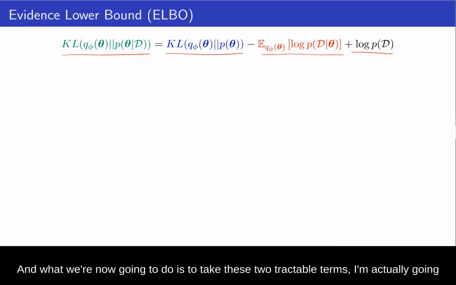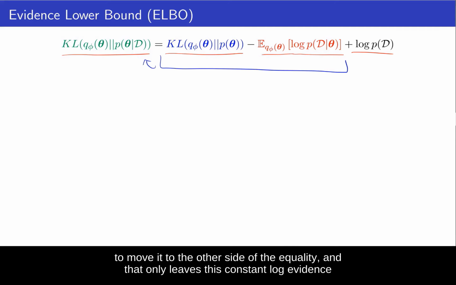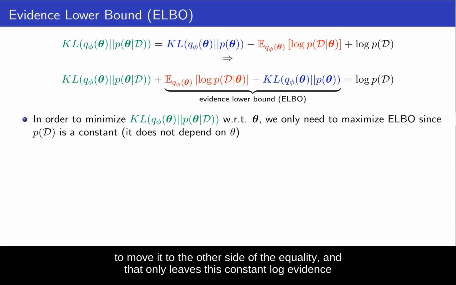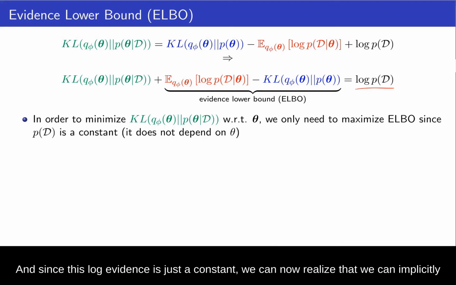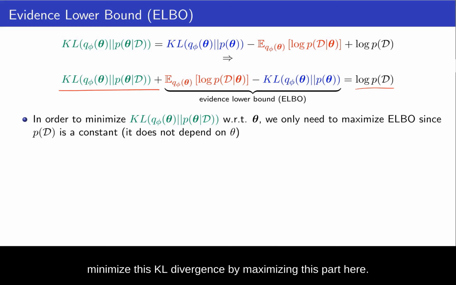And what we're now going to do is to take these two tractable terms and move them to the other side of the equality. And that only leaves this constant log evidence on the right side. And since this log evidence is just a constant, we can now realize that we can implicitly minimize this KL divergence by maximizing this part here.